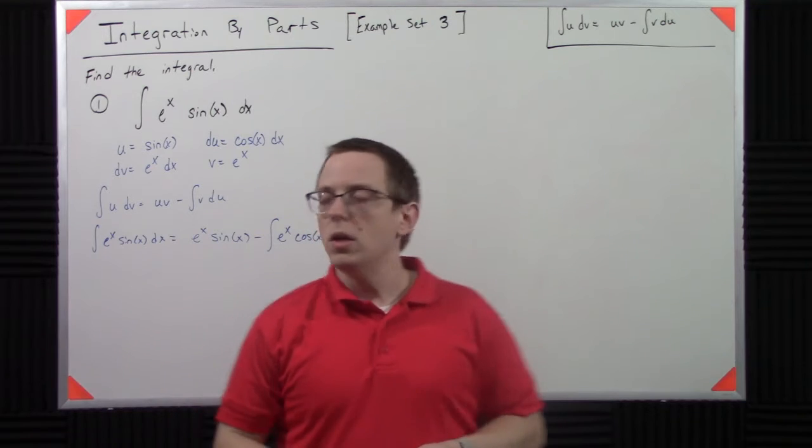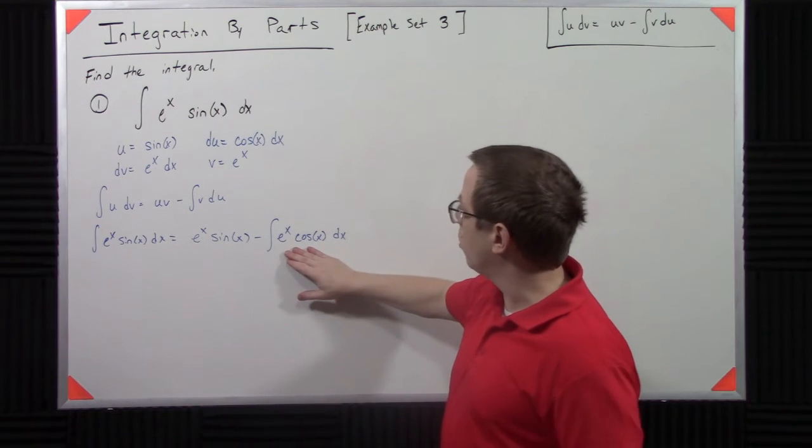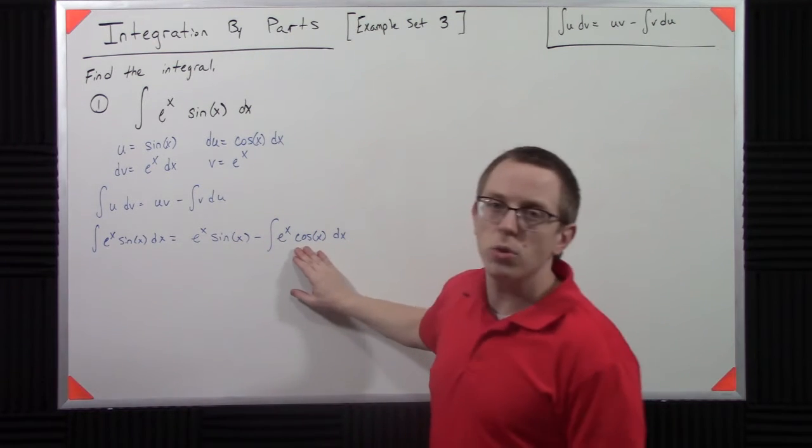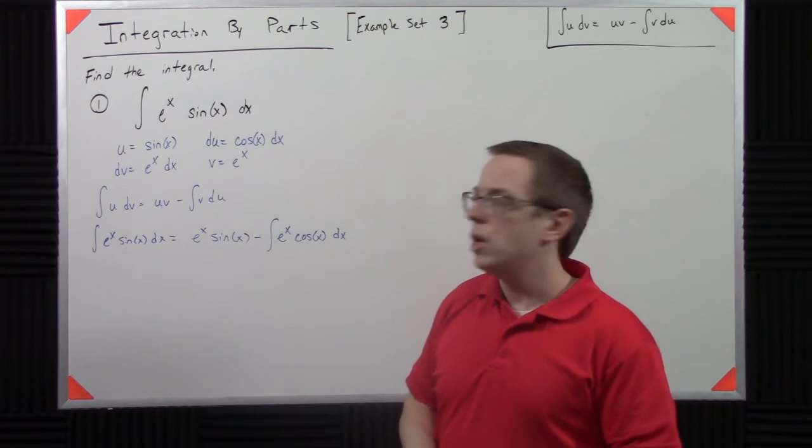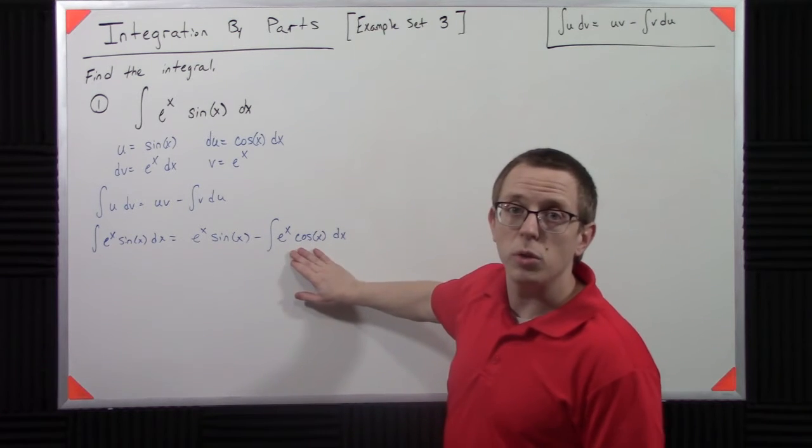Okay, so we end up with an integral that looks a lot like this, except we have a cosine function instead of a sine function. So what we're going to do is apply integration by parts to this piece.